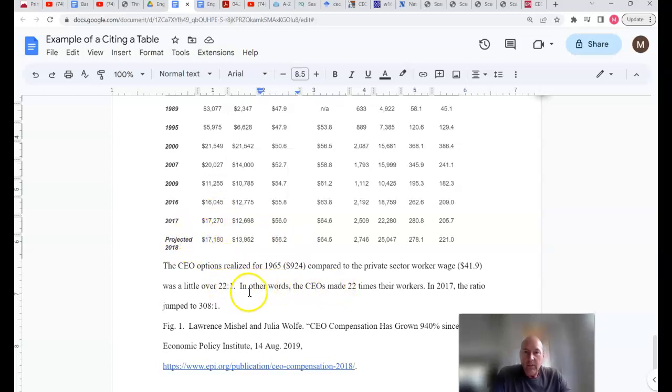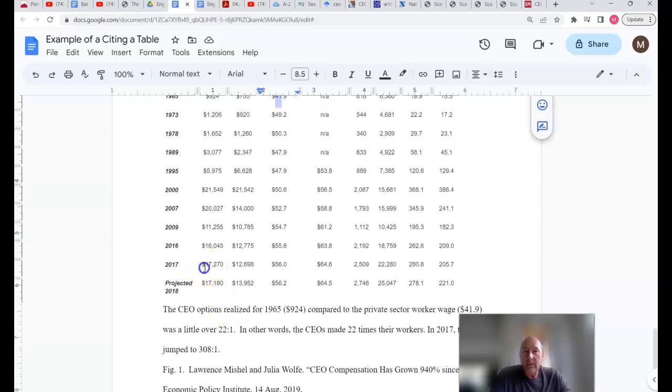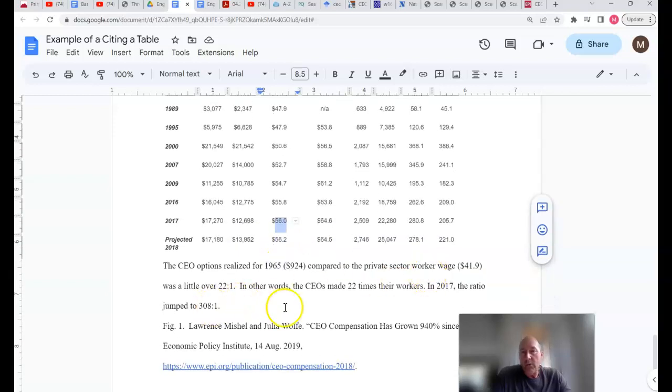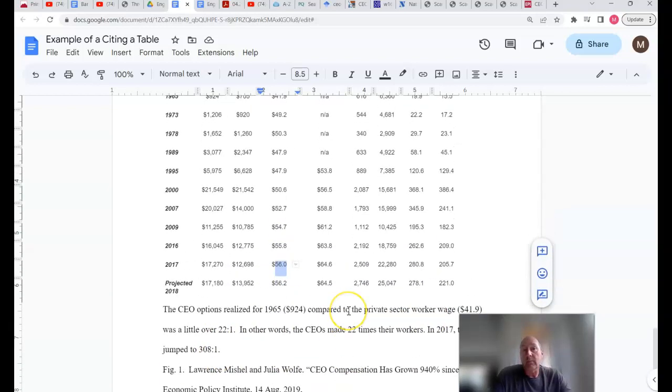So I explained this, that in other words, CEOs make 22 times their workers. In 2017, the ratio jumped to 308 to 1. So basically, what I did is I took this 17,270 and I divided it by 56. Those are the numbers I got from their chart.